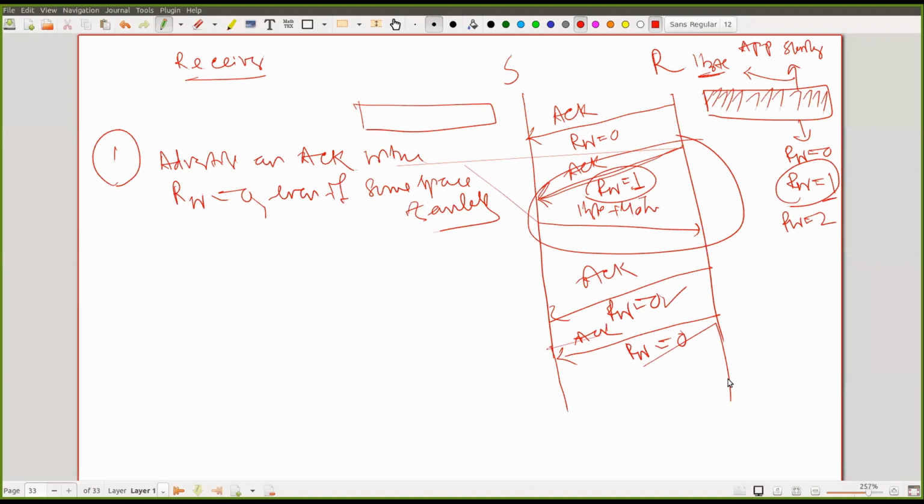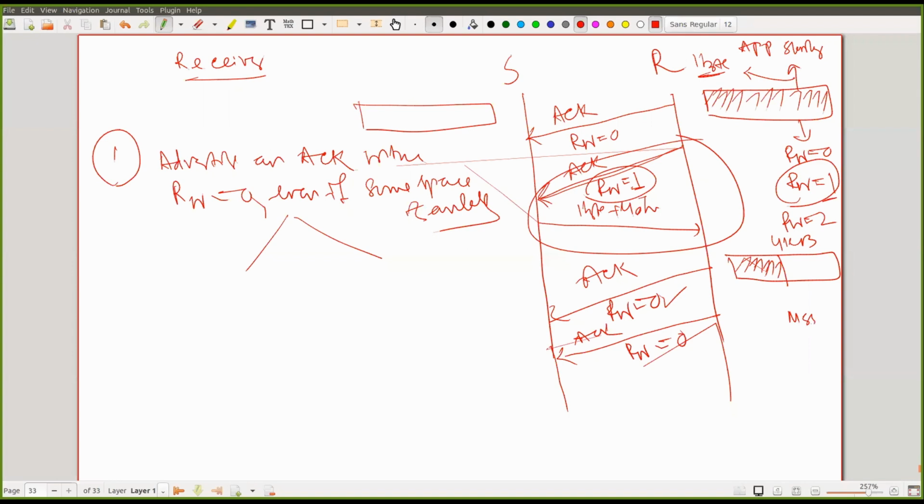So we have to advertise the receiver window as 0, even if there is some space available in the receive window. There are two conditions we have to understand here, till when we are going to do it. As this goes on, suppose my receiver window is 4 KB, 2 KB of data is filled, and my MSS is 1 KB.